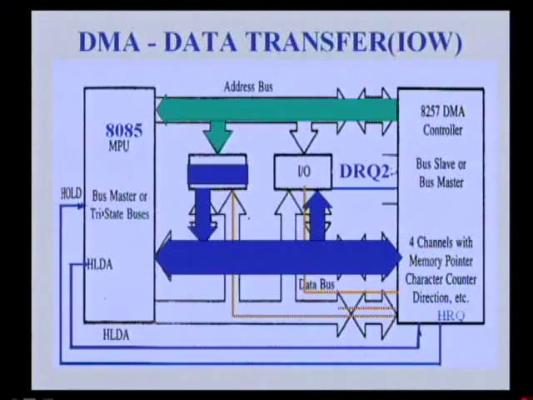In response to that, memory places data on the data bus, and at the same time the DMA sends the IO write bar control signal to the IO device, so that the data from the data bus is copied onto the floppy disk. This way data transfer happens between memory and the IO device, in this case from memory to the IO device. Again the count will be decremented by 1 by the DMA controller, and the next byte will be transferred in the same manner, and this will continue until all bytes are transferred.